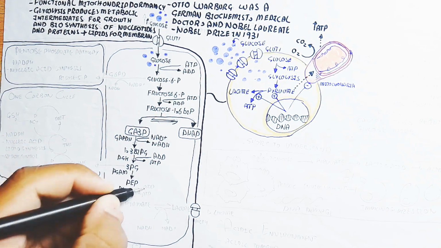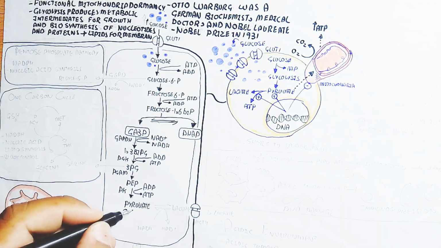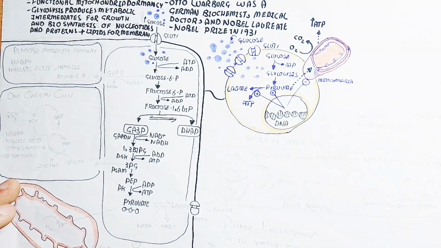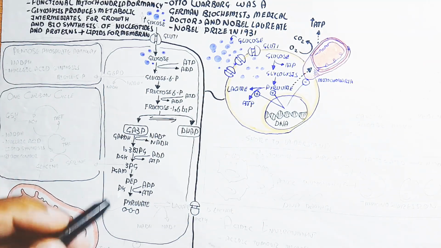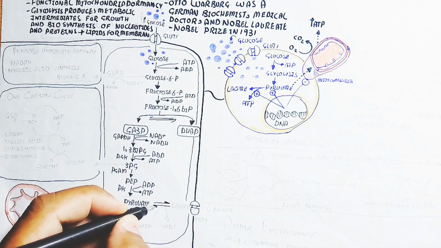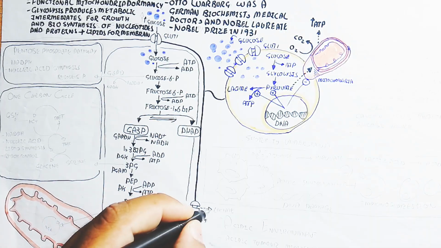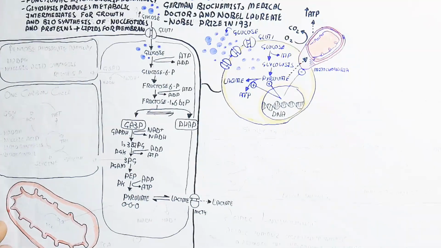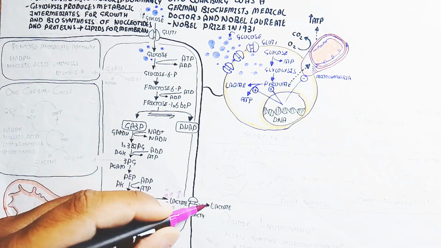We are not concerned with understanding it in more detail, but it ultimately produces pyruvate, the journey of glucose to pyruvate to produce more ATP, and the end product is lactate rather than the pyruvate entering the mitochondria to produce ATP aerobically.